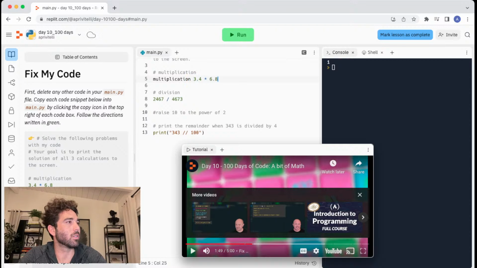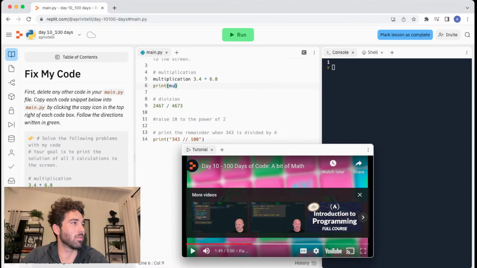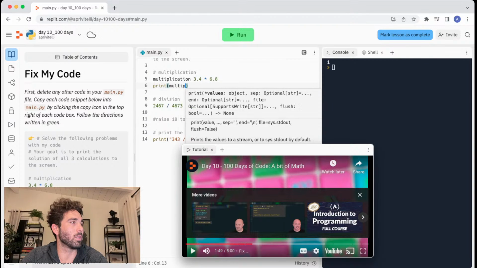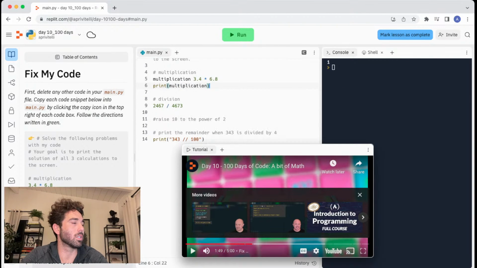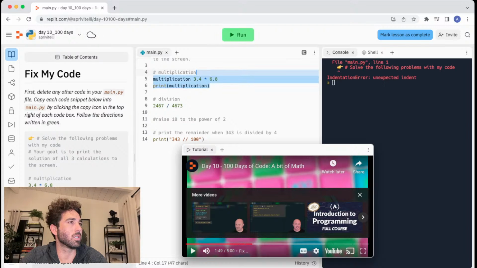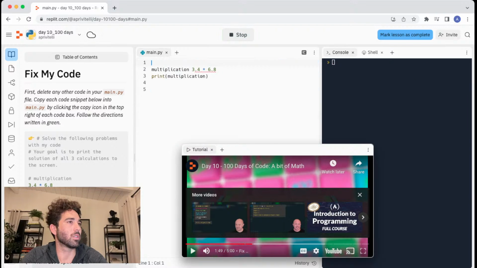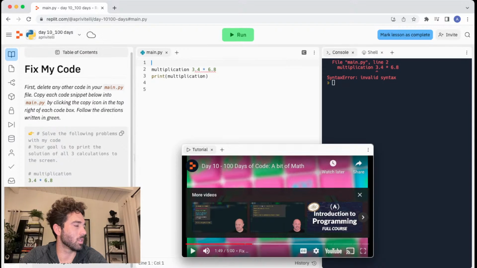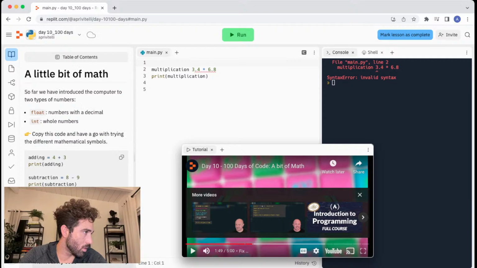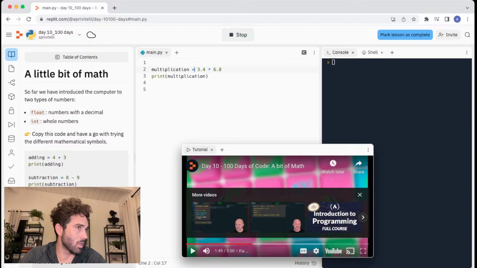No. Print multiplication. Yeah, right. 3.4 times. I'm checking.